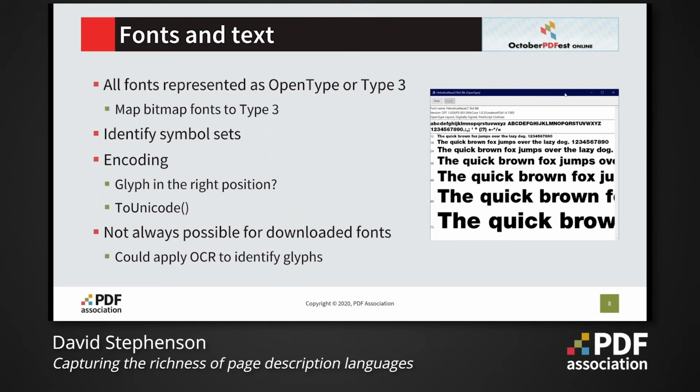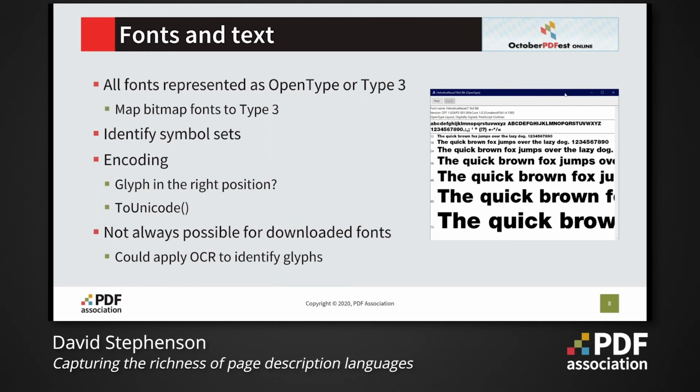Our DOM stores fonts as OpenType or Type 3, identifying symbol sets and bifonts and so on. And we also fix fonts that may not be formed correctly during this process. And anybody who has dealt with PDF will know that fonts can be a constant source of frustration because they are not always encoded correctly.